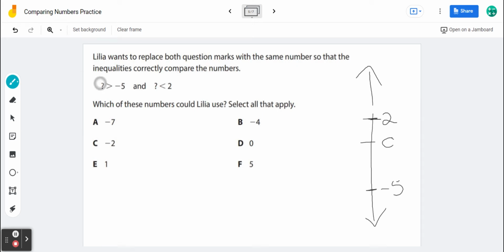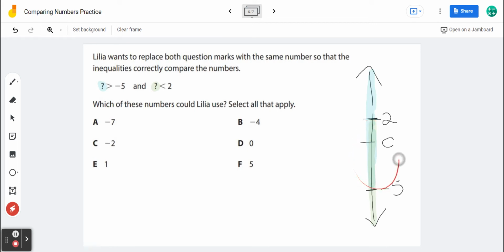for the first one, I'm looking for numbers that are greater than -5. So that means up here. All these numbers are greater than -5. But I'm also looking for the numbers that are less than +2. So down here, because these numbers are less than 2. Basically, I'm looking for numbers that fall in this region that are both blue and green.